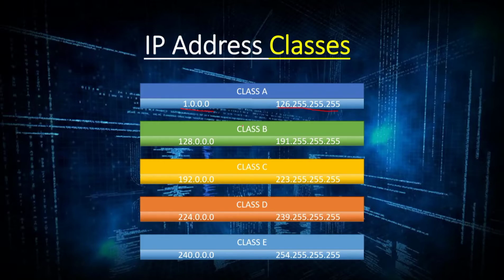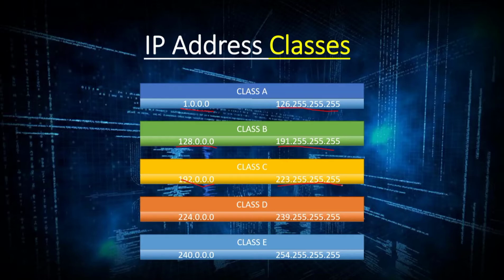Class A is a large network that is equipped with multiple devices, whereas class B has the range of 128.0.0.0 to 191.255.255.255, and it supports medium sized networks, whereas class C has the range of 192.0.0.0 to 223.255.255.255, and it is a small network consisting of less than 256 devices.